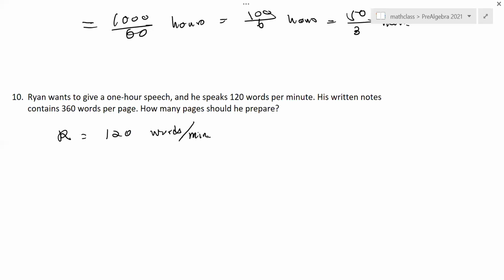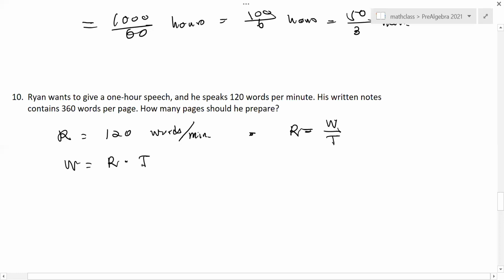So if it's 1 hour, then how many words are you going to get? We can use a notation, W, the number of words. So the number of words is going to be rate times time.